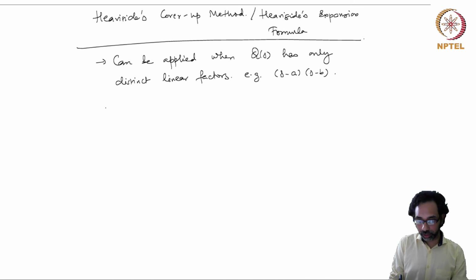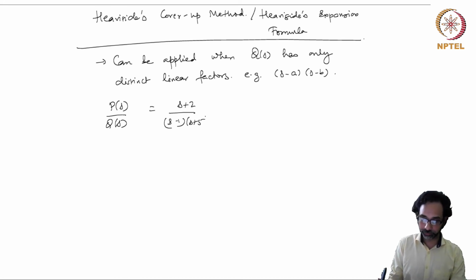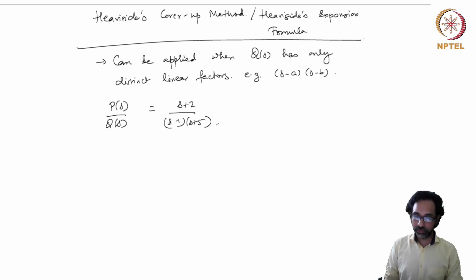So for example, in our last example, p(s) by q(s) was s plus 2 by s minus 1 times s plus 5. The Heaviside's cover-up method is to cover one of the linear factors. So let's say the first one. So let me cover it.